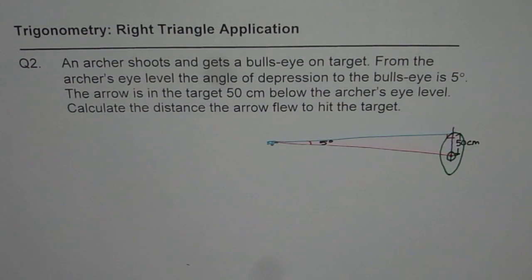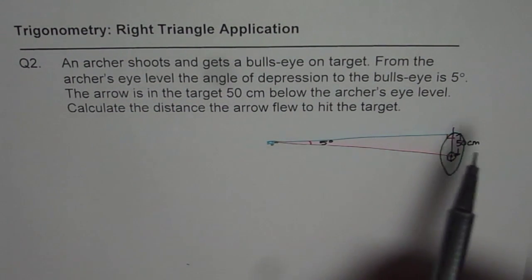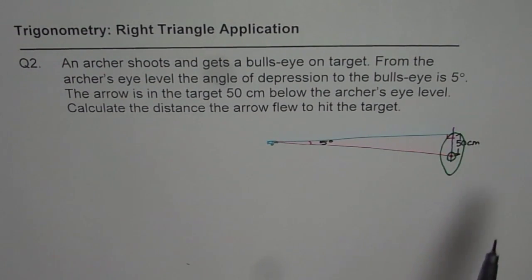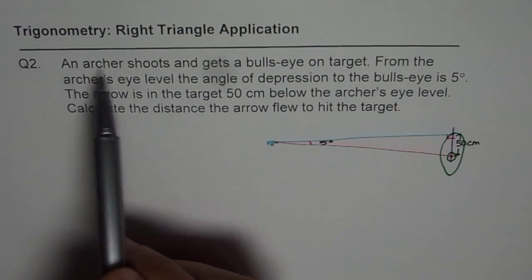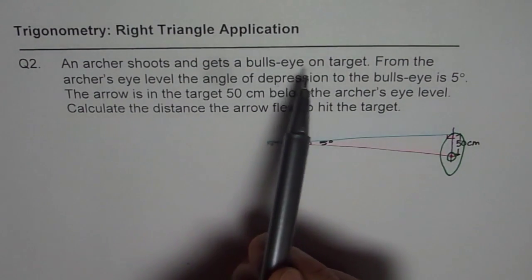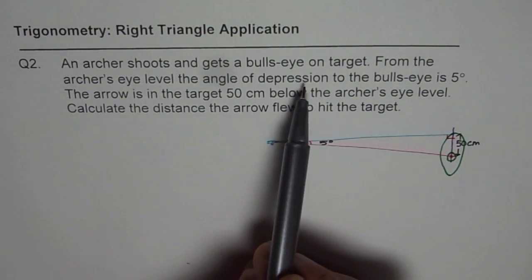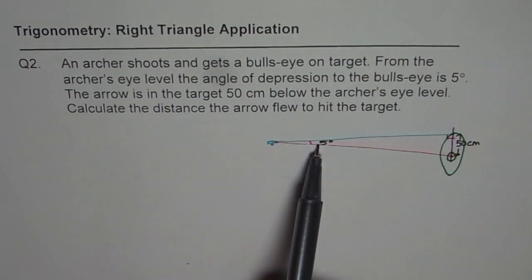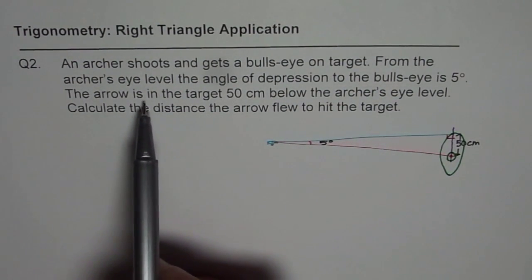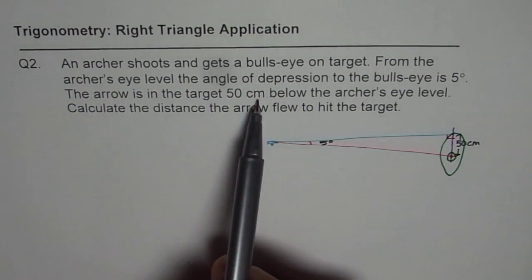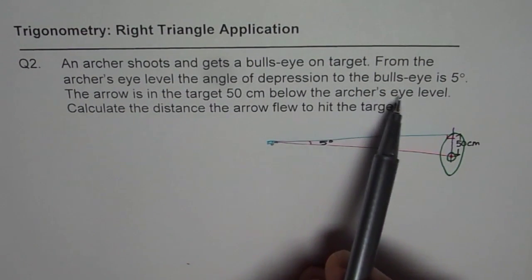Now, read the question once again so that we know exactly what to find. An archer shoots and gets a bull's eye on target. From the archer's eye level, angle of depression to the bull's eye is 5 degrees. The arrow is in the target 50 centimeter below the archer's eye level.